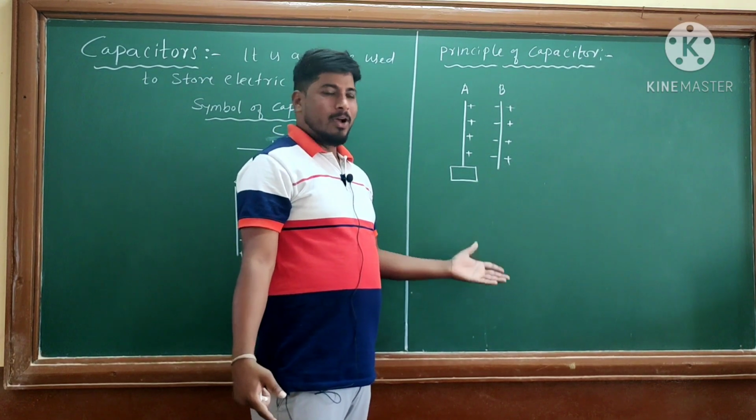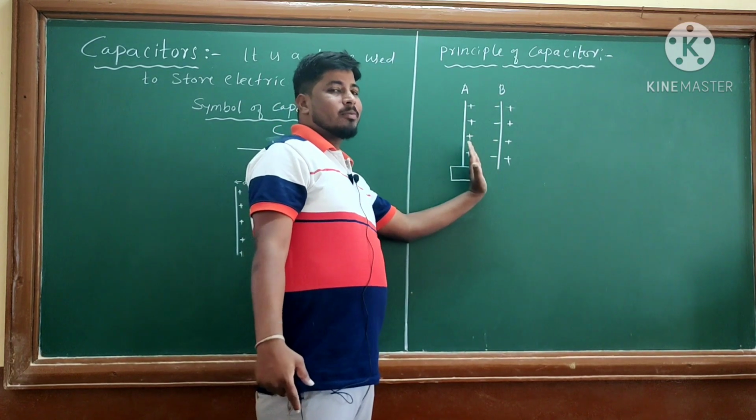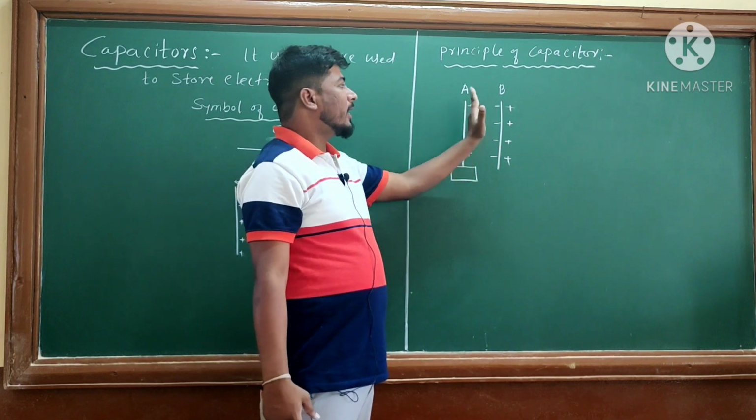It is uncharged, because the same amount of charge is on one face of the conductor and an equal amount of opposite charge is on the other end.